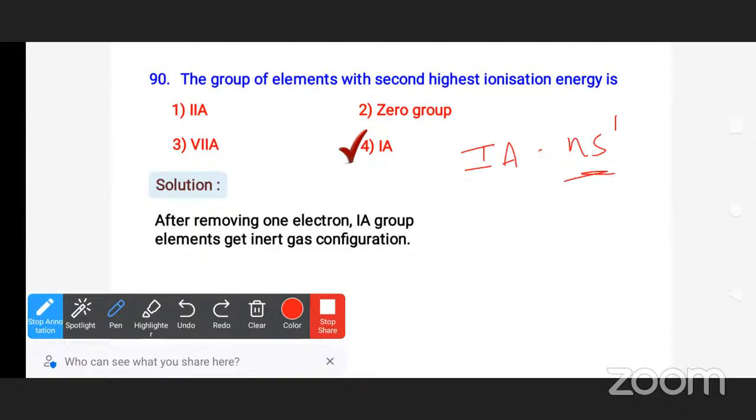After one electron is removed, it gets the nearest noble gas electronic configuration. So first A group loses one electron, second A group two electrons, seventh A group gains one electron. So first A group removing one electron, the element gets the nearest electronic configuration. So the second highest ionization energy is the first A group element.